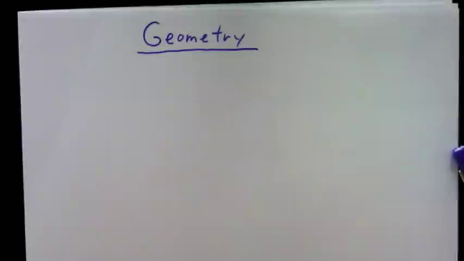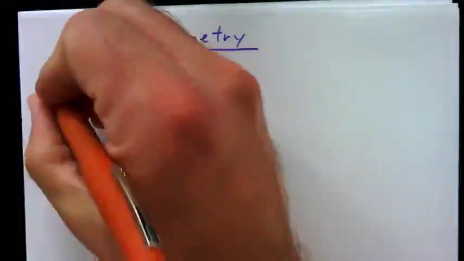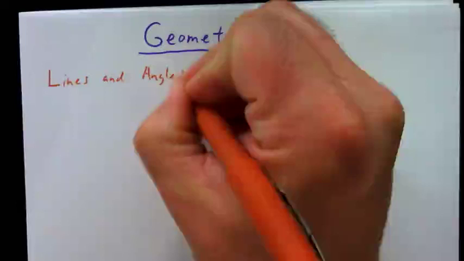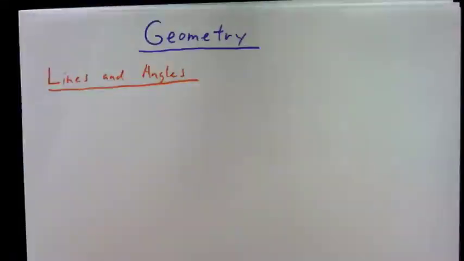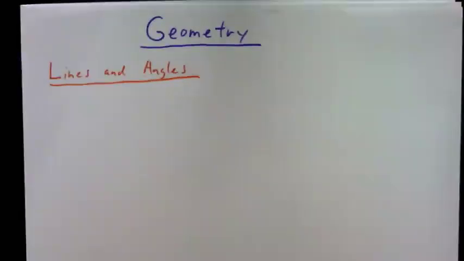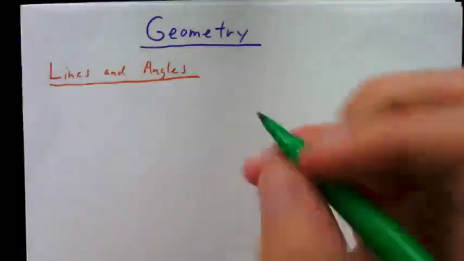Now, the first thing that we're going to talk about, the first section here, will be about lines and angles. Now, the good news is that for a lot of the geometry, there are formulas for some of the stuff. Now, there's not formulas for everything.